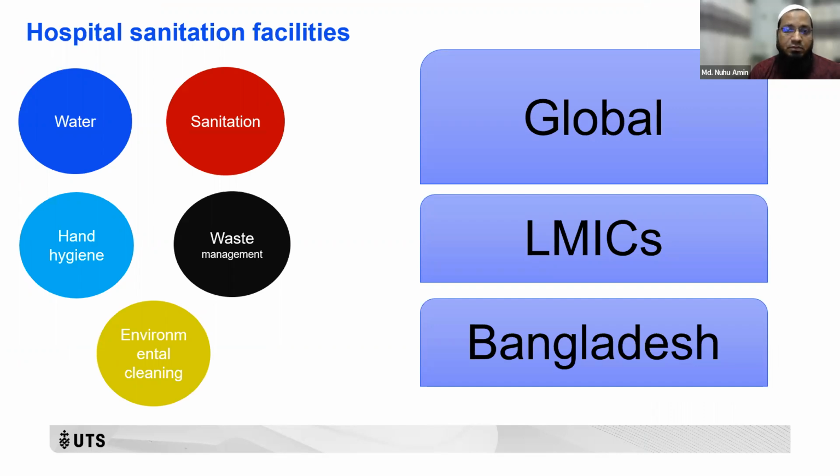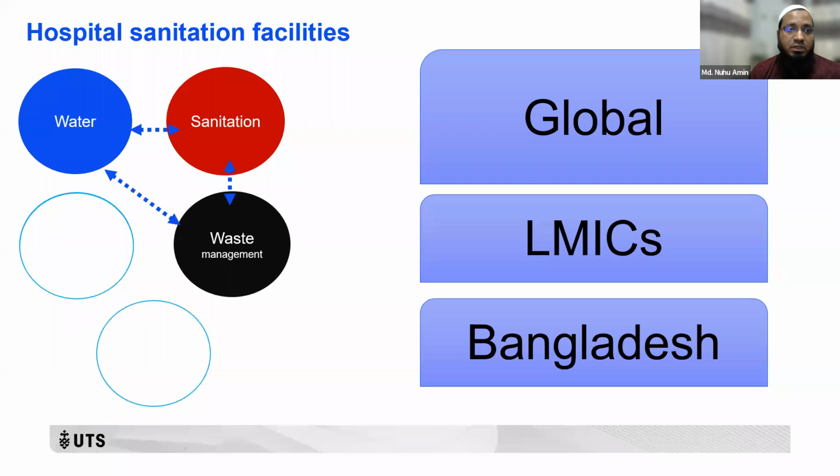In this literature review, I will focus on wastewater, sanitation, and waste management only, because although I am going to talk about wastewater only, these 3 are very closely interrelated. I will talk about the global scenario initially, then the low and middle income countries situation, and narrow down to the Bangladeshi situation.